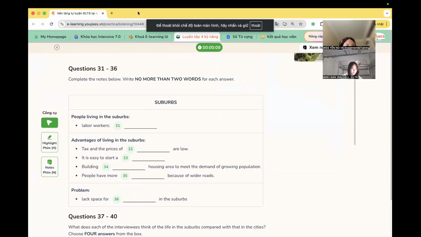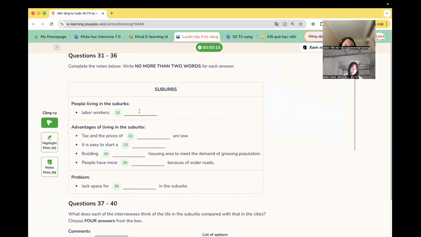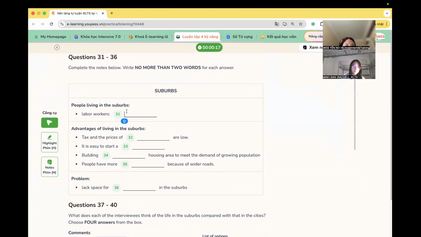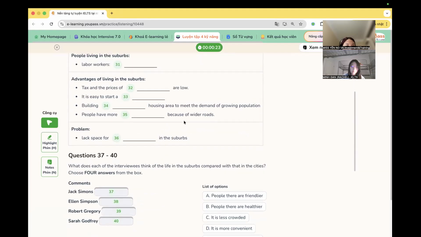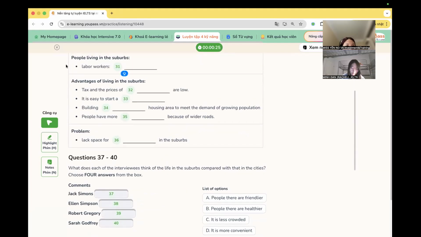Right. So let's start from 31 to 36. Suburb in the countryside. And from 31 to 36, you need two words for each answer. He will talk about life in suburb, and he already mentioned a kind of people who live here, which is labor worker.